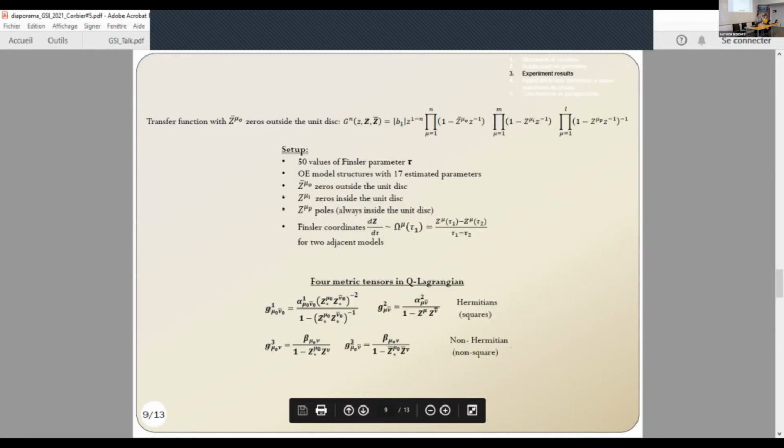And this is the setup of, in fact, the transfer function of the process, and we see a Z mu zero. Z mu zero is the zero outside the unit disk, and Z mu high is zero inside the unit disk, and Z mu p, this is the pole, always inside the unit disk.